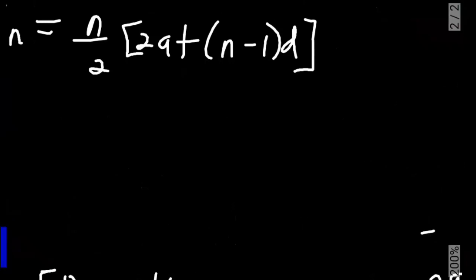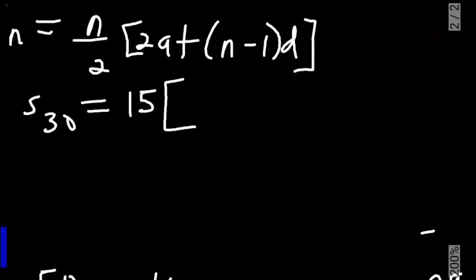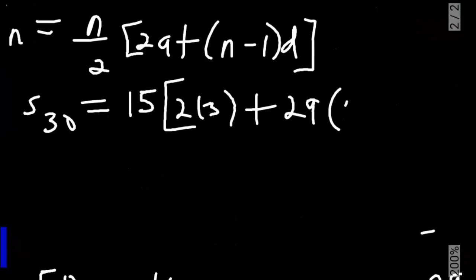Sum of the first 30 terms equals number of terms 30 over 2, which is 15, multiplied by 2 multiplied by first term, our first term is 3. So 2 multiplied by our first term is 6, plus 30 minus 1, which is 29, multiplied by d. d is 5.